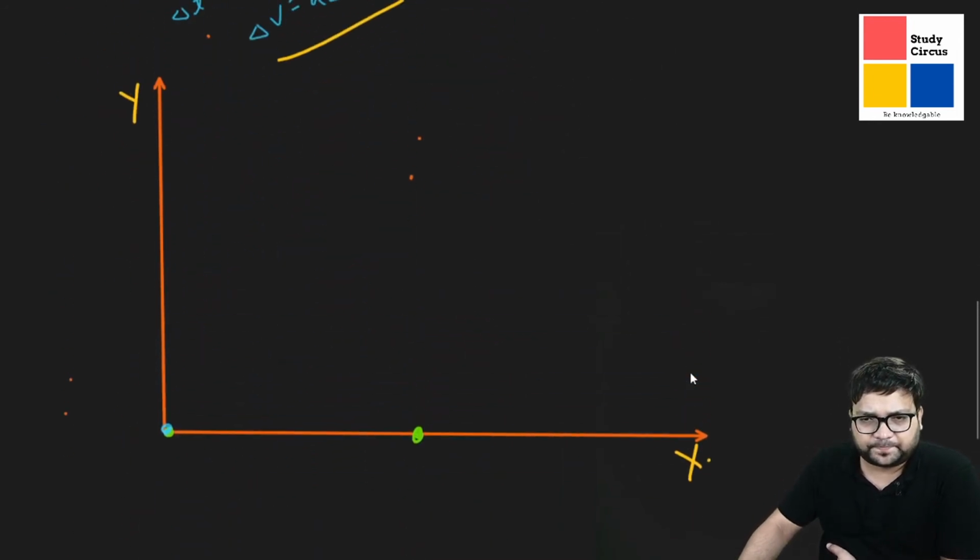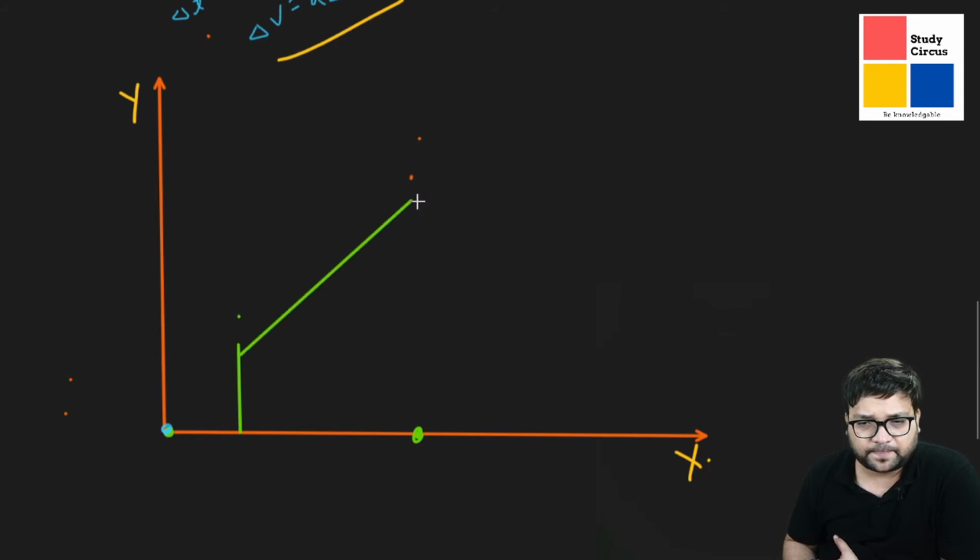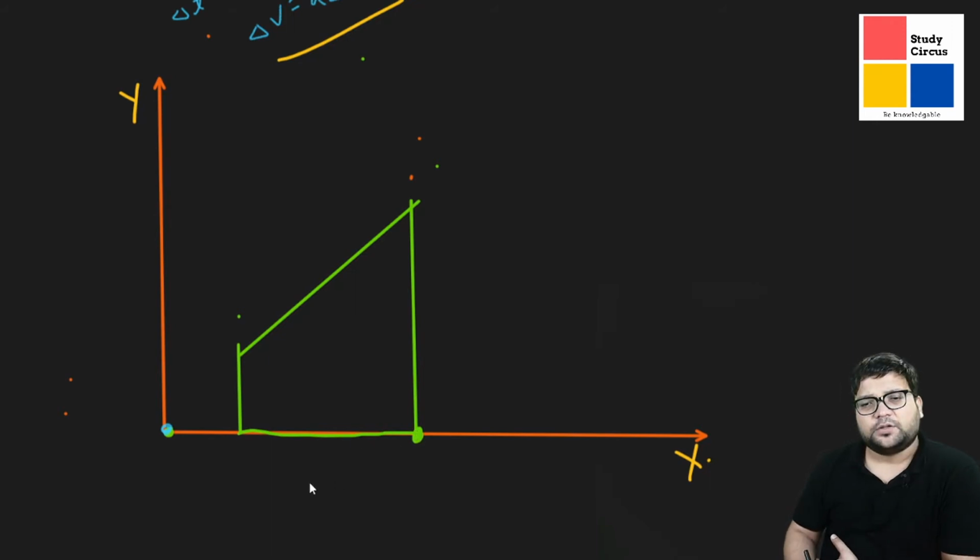Now what is the formula to get the area of a trapezium? Area of a trapezium is obtained by, let's say, this is a trapezium.